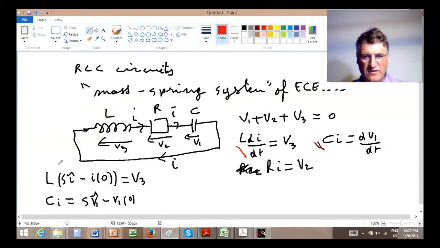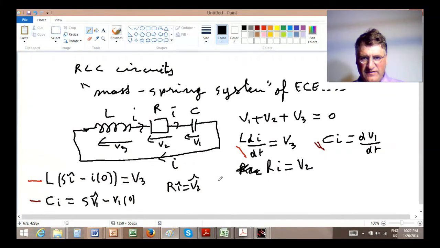Okay, so let me recall the color codes. The third one is simply R I is equal to V2.